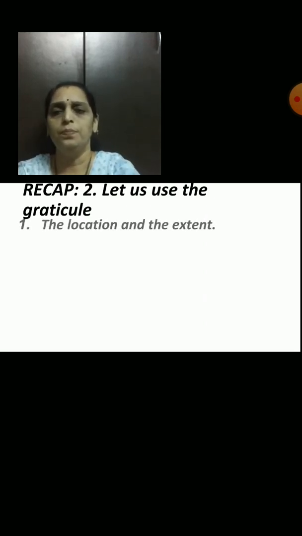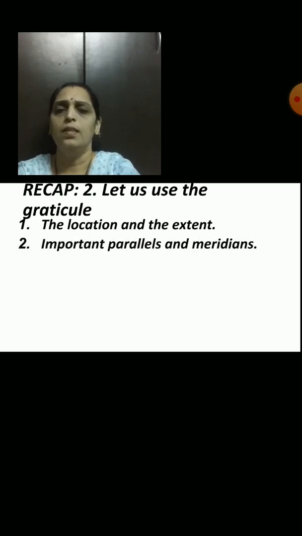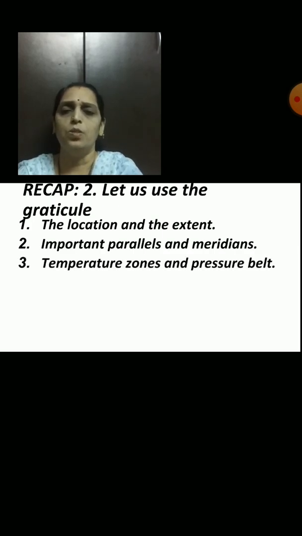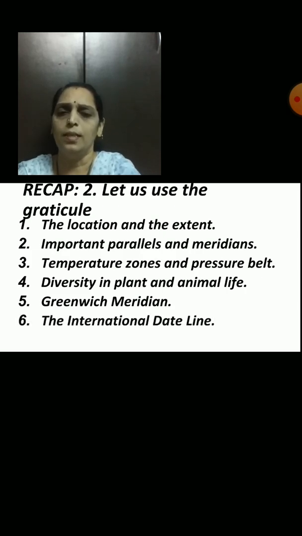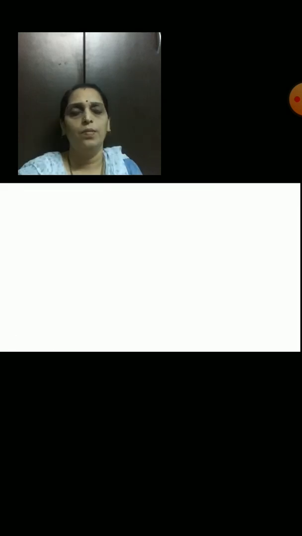In it we have seen the location and the extent, important parallels and meridians, temperature zones and pressure belts, diversity in plant and animal life, Greenwich meridian, the International Date Line, and great circle. And now let's study comparing a globe and a map.